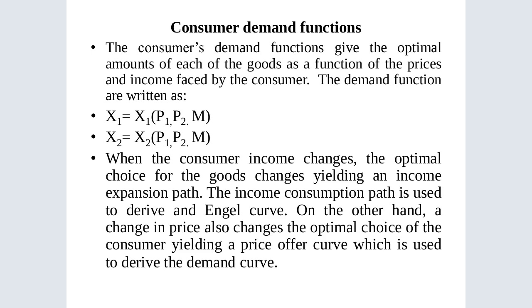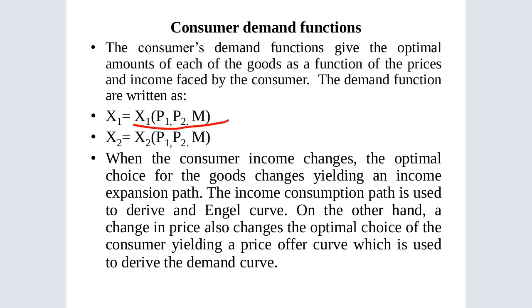The demand functions can be written as follows. Now for commodity 1, the demand function for commodity 1 is expressed as a function of the prices of the two commodities, that is P1 and P2, and the consumer income.